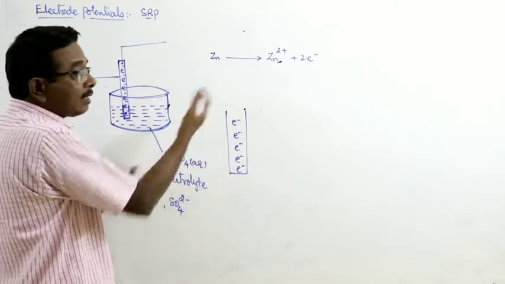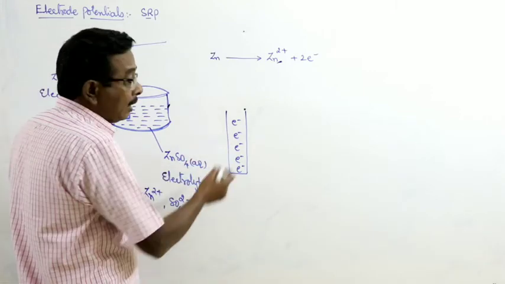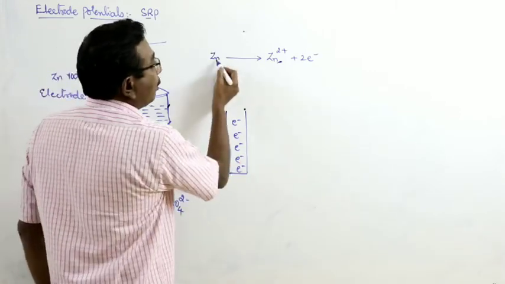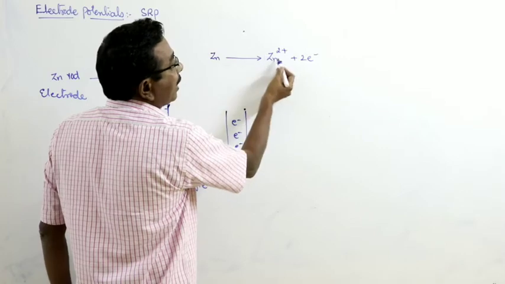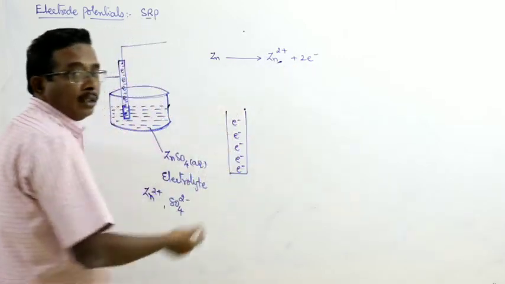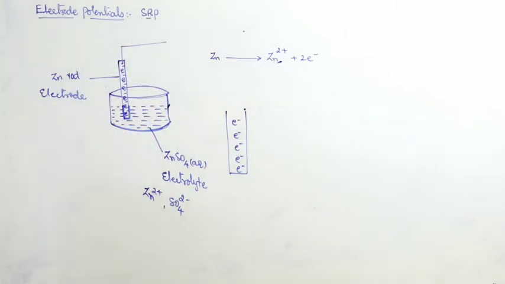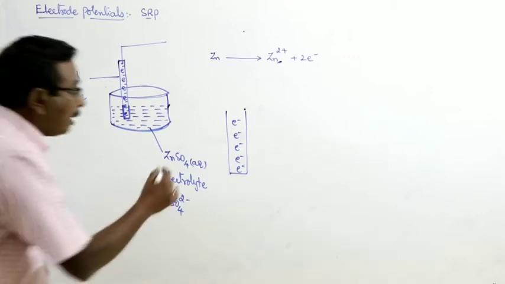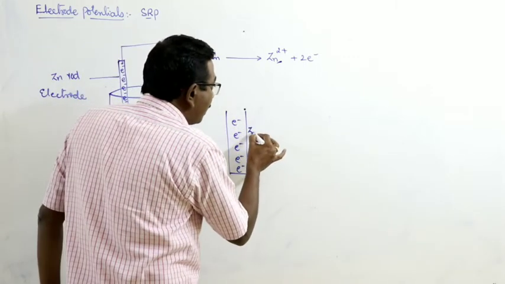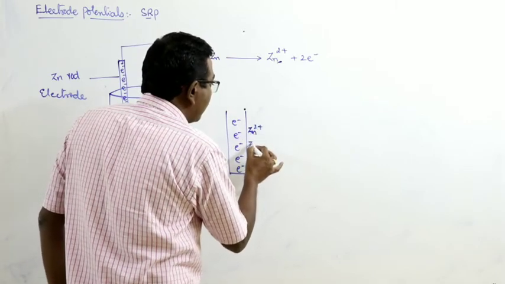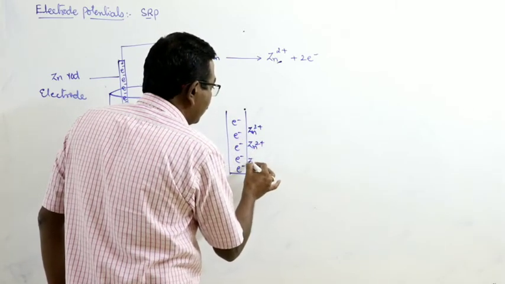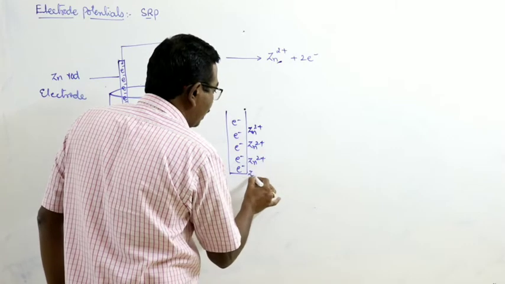Why are electrons present? How did the electrons enter the electrode? By the loss of electrons from the zinc atoms, the electrons are released into the electrode. Now the electrode is full of electrons, but its surroundings are filled with Zn2+ ions, zinc ions.